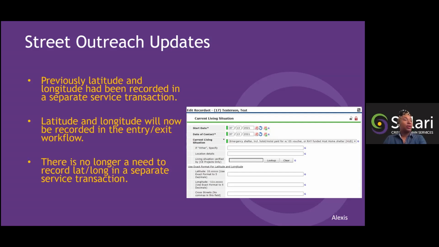There is no longer a need to record longitude and latitude in a separate service transaction. The picture is an example of what we currently see with regards to longitude and latitude. So now it won't have to be recorded in that separate service transaction.